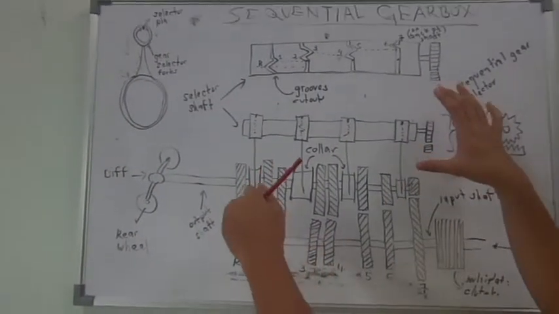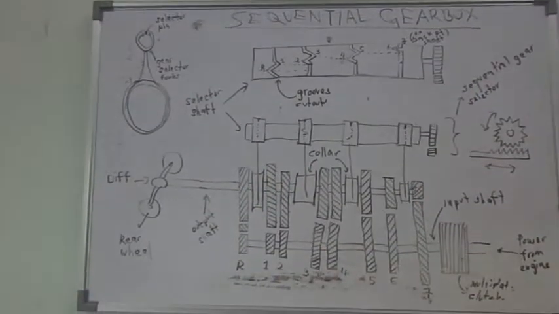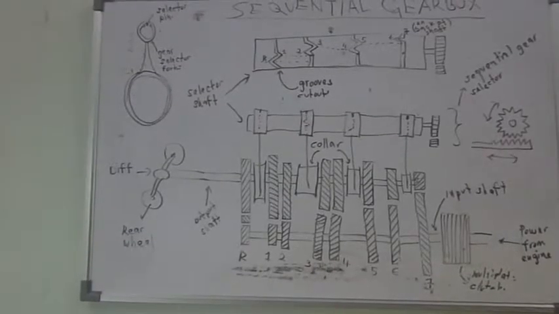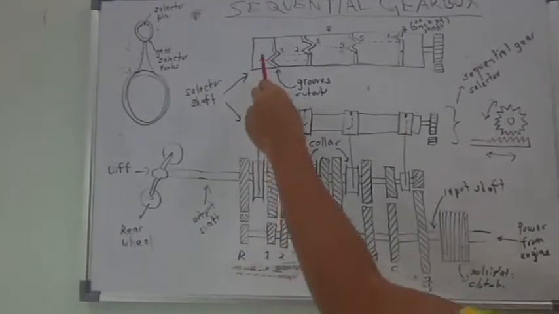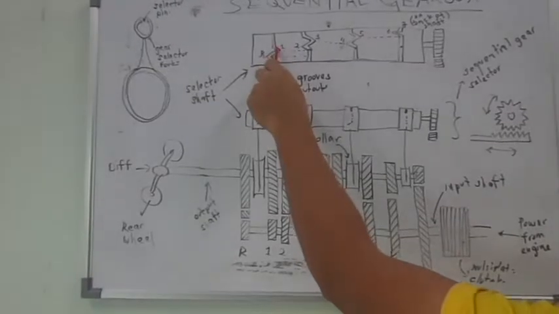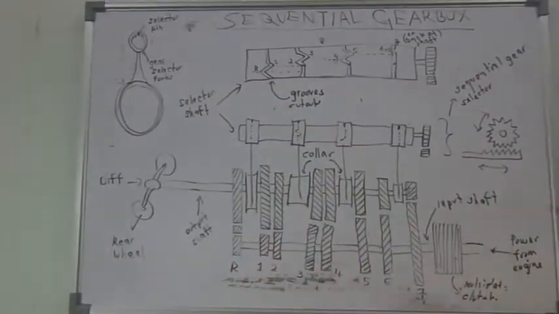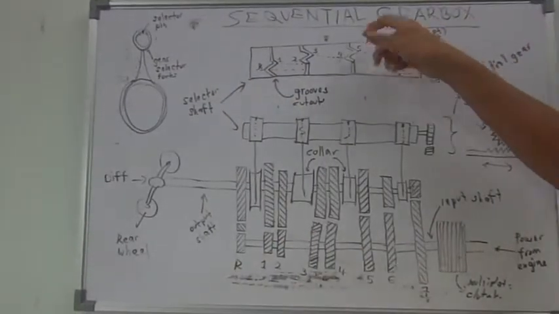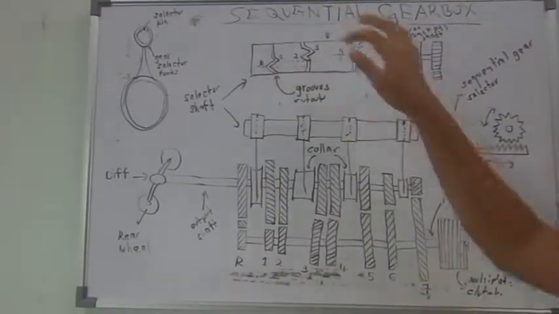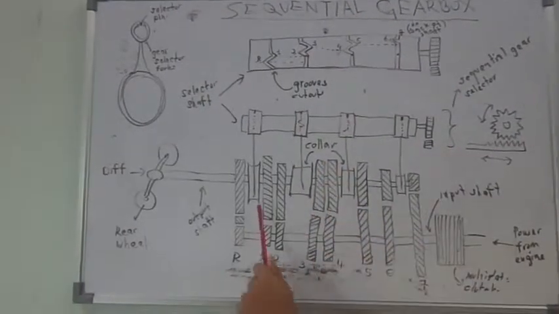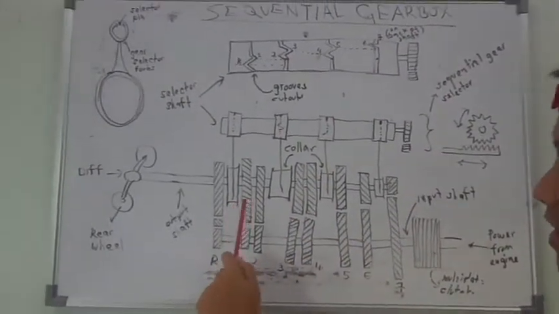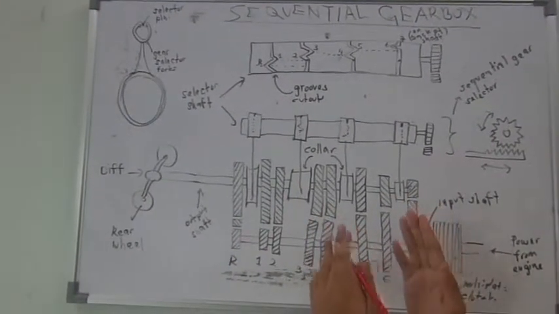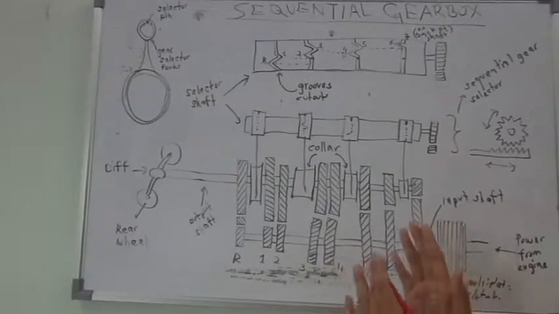So what happens, for example, if we want to upshift from the first gear to the second gear? The pin will have been here, and when we press the pedal, the selector shaft will rotate slightly back and the pin will move to this groove. The collar that was engaged for the first gear is forced back into a neutral position.